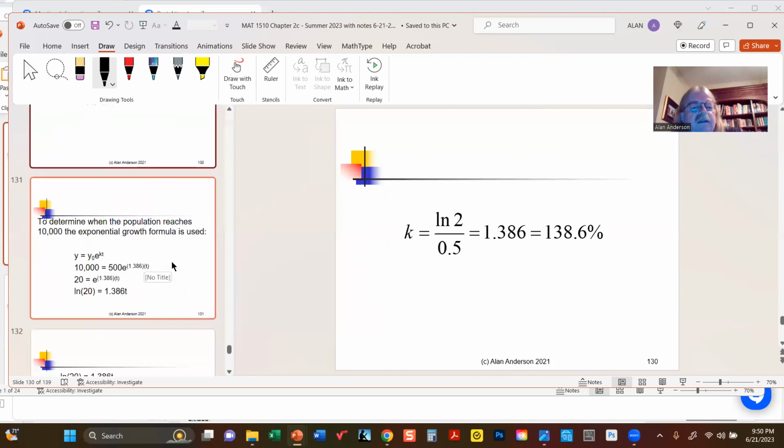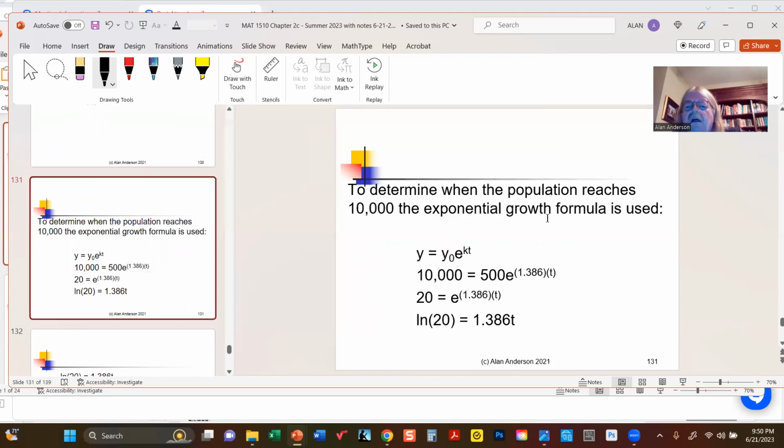And then, in order to figure out when we'll reach 10,000, we're going to use this original formula. Now, 10,000 is the target. 500 is the initial amount of fish. K is the growth rate, 138.6% per year. And T is the time that elapses. So now what I can do is take the log of both sides of the equation.